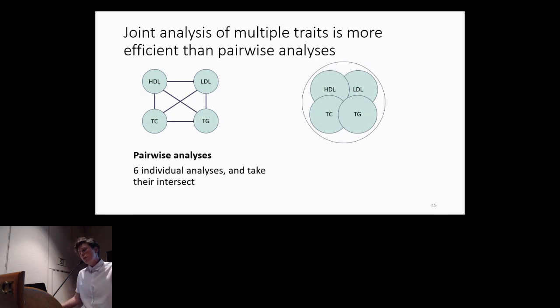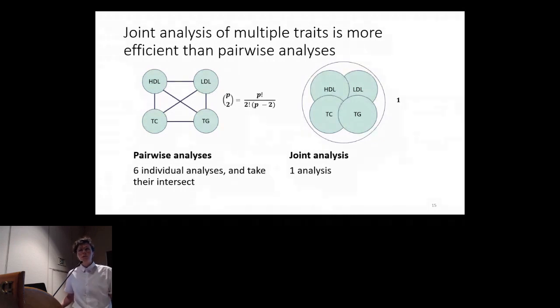But on the other hand, if there would be a way to analyze these traits together and find that answer immediately, this would entail doing just one analysis. And now actually the number of analyses you'd have to do scales very quickly with p, the number of traits. But for a joint analysis, it would always be 1.